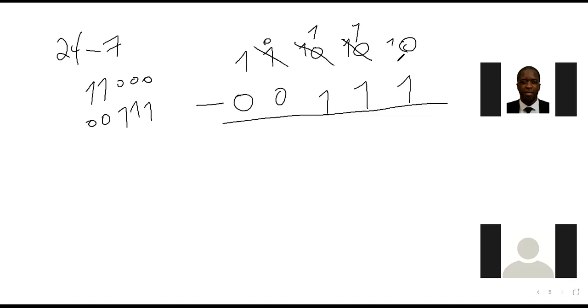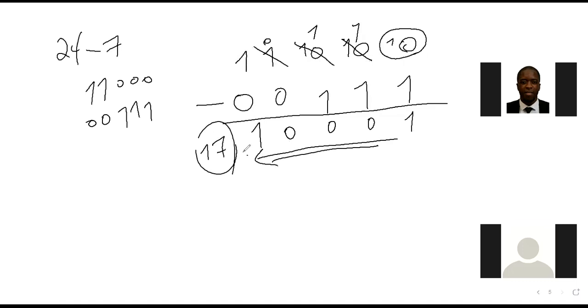Now we can start our subtraction. 1 minus 1, 0. 1, 0 minus 1. I said 1, 0 is 2 in decimal, so you treat it as 2 minus 1. This is 1. To the second column, 1 minus 1, 0. 1 minus 1, 0. 0 minus 0, 0. 1 minus 0, 1. And this number is 17. With practice, you know how to borrow.